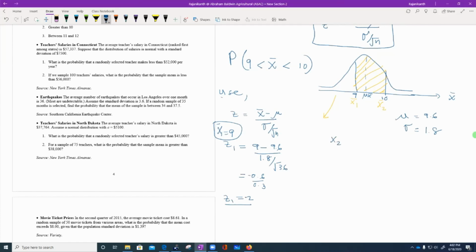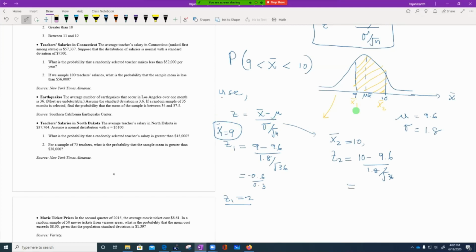Now take the second point, x2 bar as 10. Then find the second corresponding standard value, z2. So that is 10 minus, and again I'm using the same formula, 10 minus mu, which is 9.6, over 1.8 over square root 36.